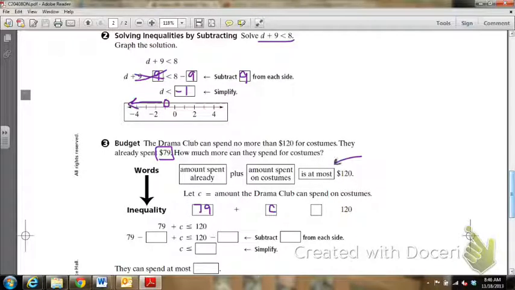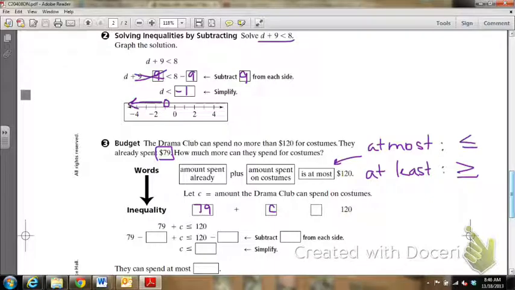At most, now, at most is actually opposite than what you think. It's actually less than or equal to. And if it said at least, that would be greater than or equal to. So with inequalities, the words are actually opposite than what you think.